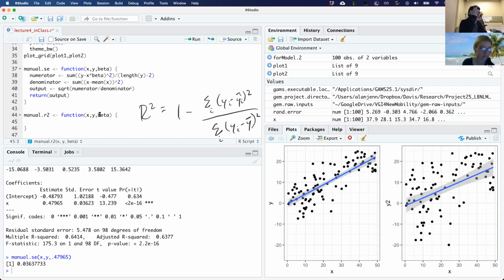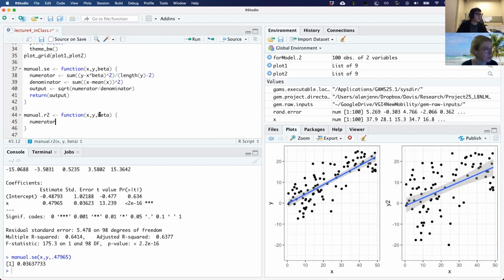Okay, and again, we're just going to write this into the function. These are my 3 inputs because I have y. I have y hat, which is x times beta. And so I need both my x and my beta as well.